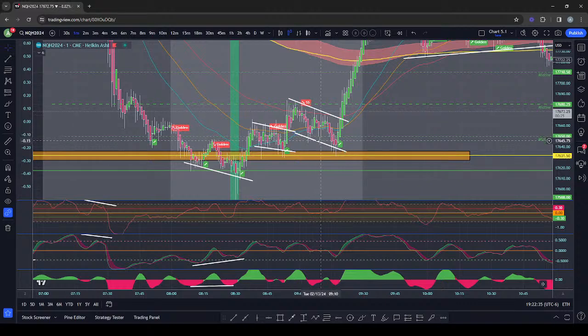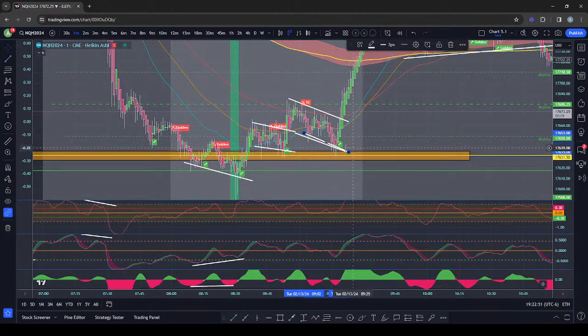So I'm going to look for a bullish divergence in here and see if I can find something. Just between this valley and this valley, I'm going to get this marked right in here. And right in here, I see my divergence.